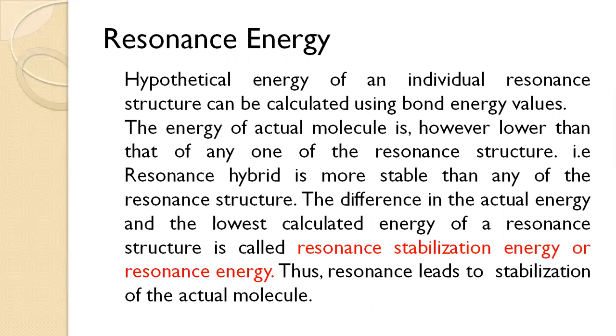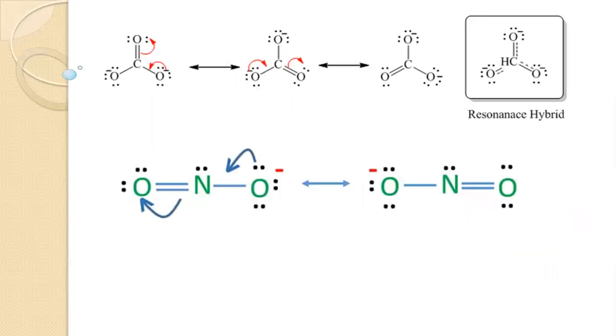Therefore, the difference between the actual energy and the lowest calculated energy of the resonance structures is called the resonance energy. Thus, resonance leads to stabilization of the actual molecule. Here, for this example, CO3, delocalization of electrons takes place. It creates a pi bond, and again delocalization of the pi bond takes place.